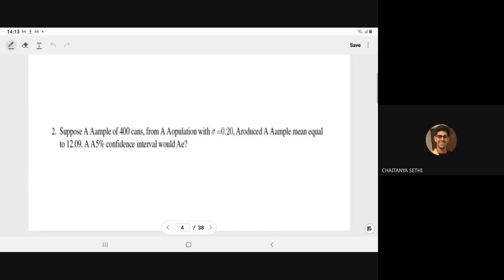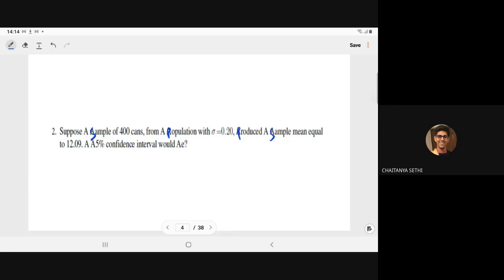Suppose a sample of 400 cans from the population with sigma equal to 0.20 produced a sample mean equal to 12.09.